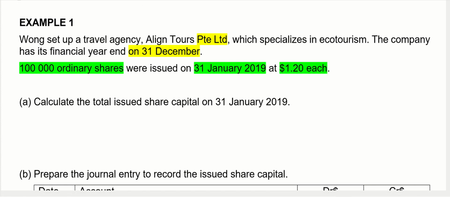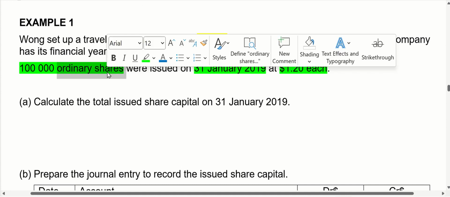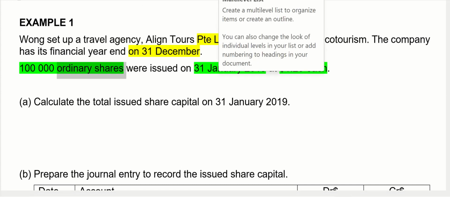Some students will ask, Miss Lee, what are these ordinary shares? An ordinary share is a type of share. There are different types of shares. There are ordinary shares, sometimes preference shares, sometimes class A, class B. Ordinary shares are basically the basic entry-level shares.